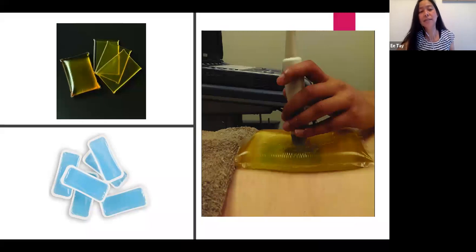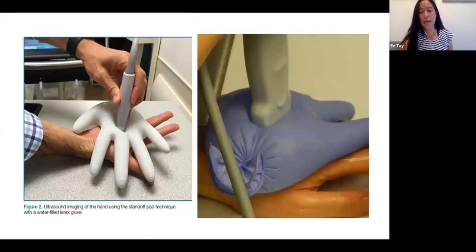There are different sizes of these pads out there, but again, they can be costly, and they're really one-time use. One of the other things we've tried is this: say it won't work so well on a hand because you can dip that in water, but if you have something on the shoulder, you can't dip the entire thing under a water bath. So having a standoff pad using gloves can optimize your image.